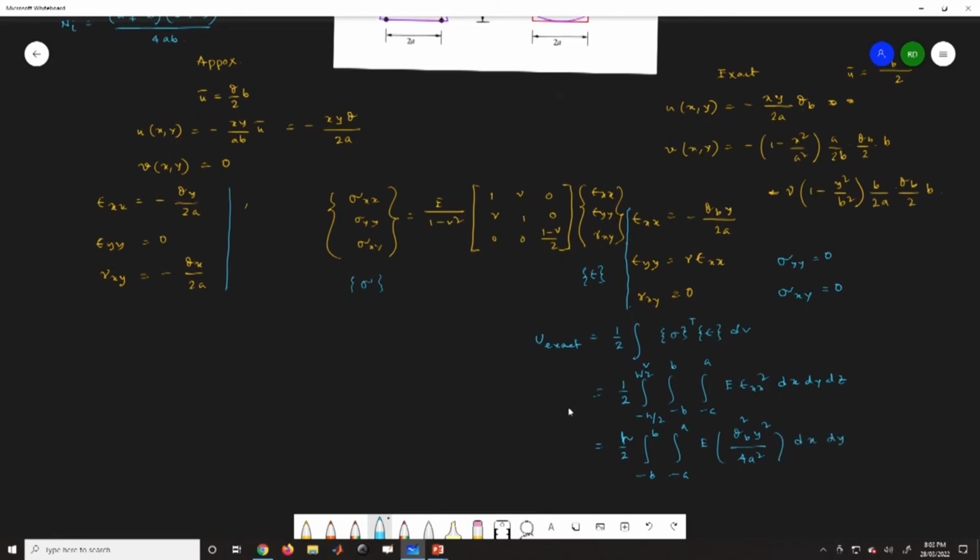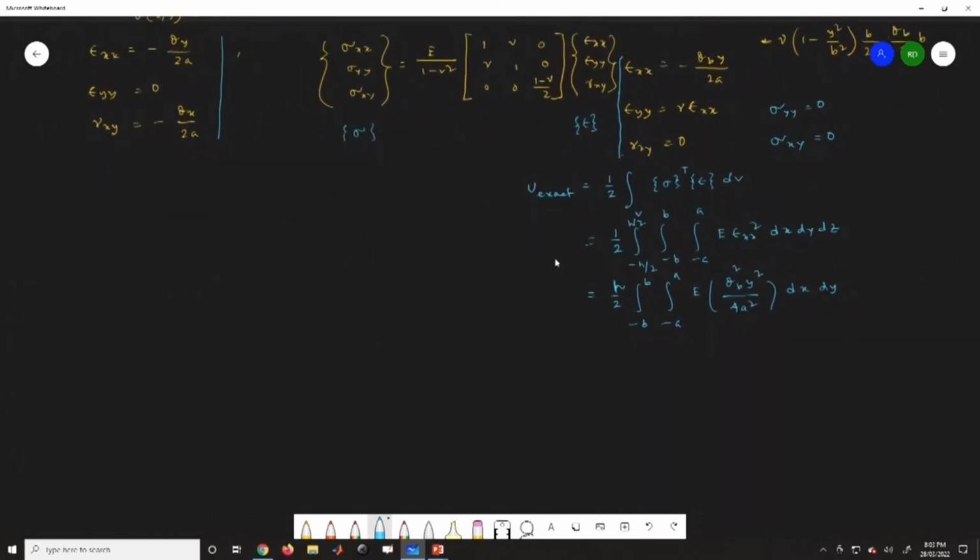Now if I integrate over minus a to plus a and minus b to plus b, this integration comes as E b h theta b squared by 6a.